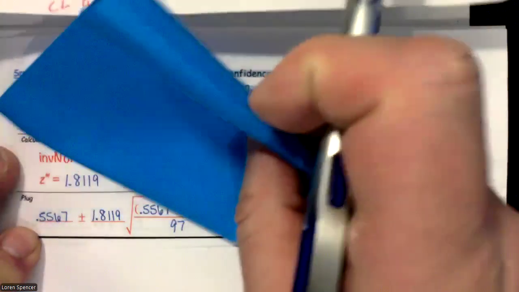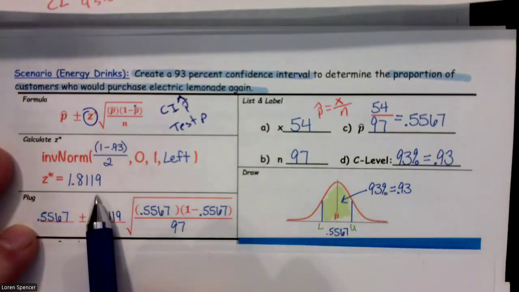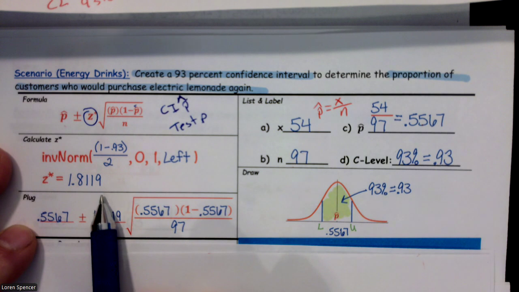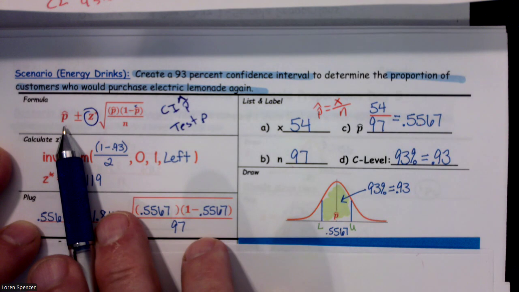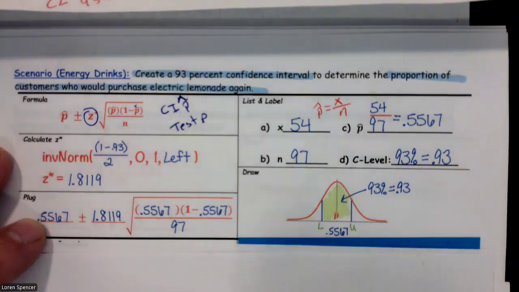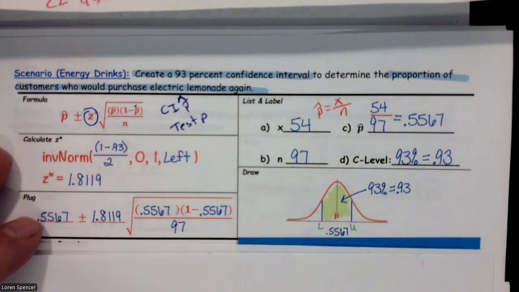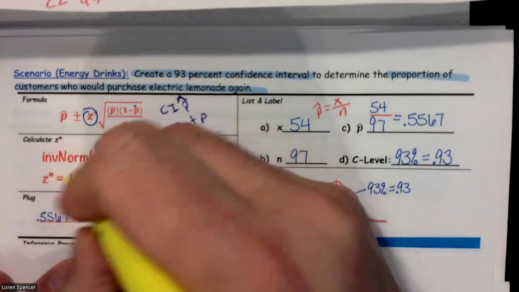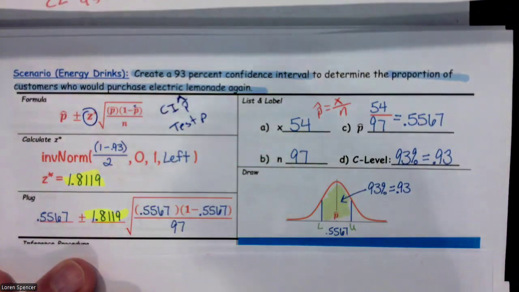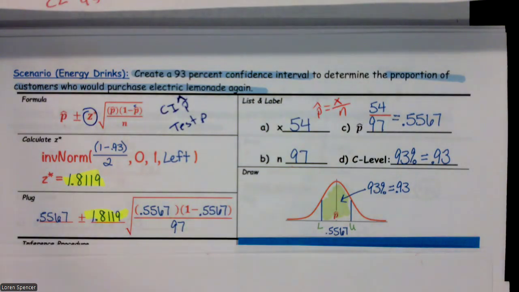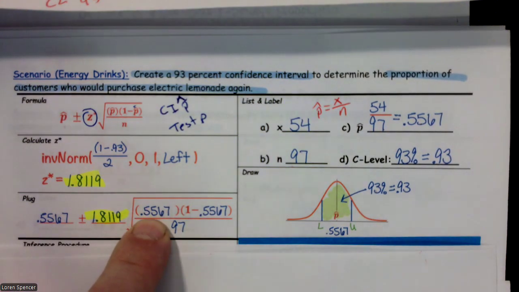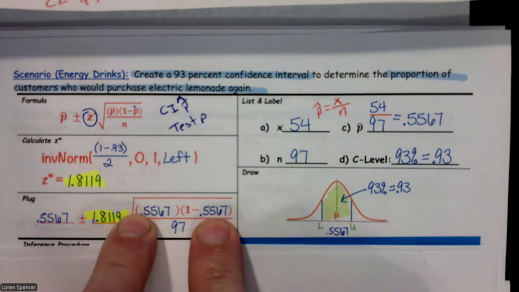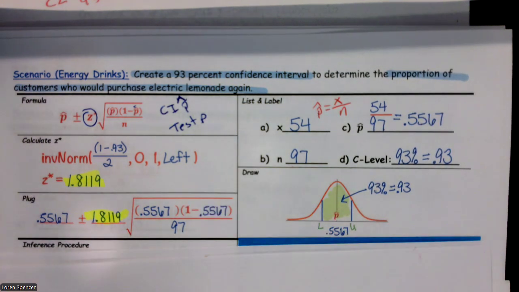We've already calculated z star at 1.8119, and we plug in our sample proportion plus or minus our z star. Please make sure that you're using p hat for confidence intervals. We're centered on it. Make sure that you always have that right.